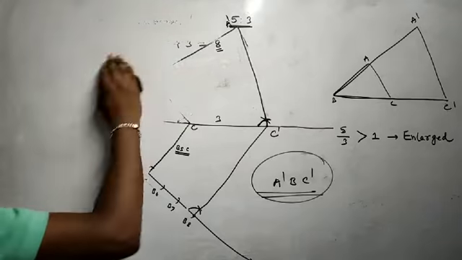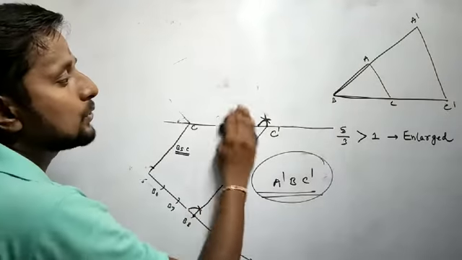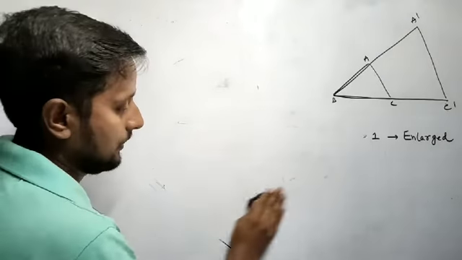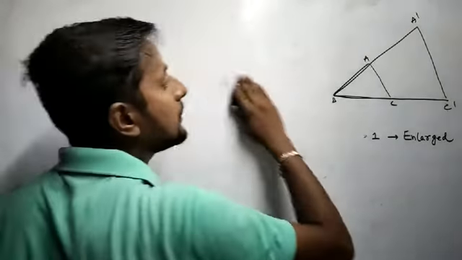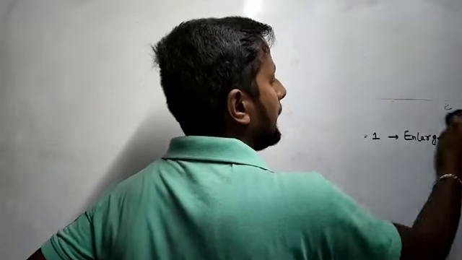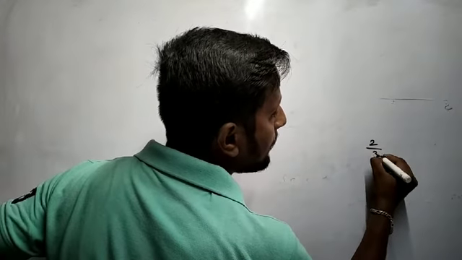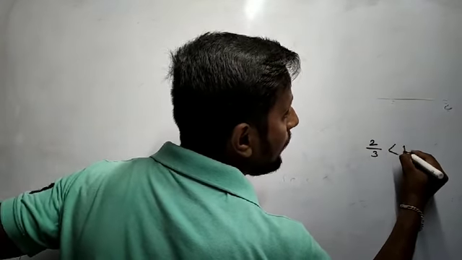In the next construction, the sides of the triangle are already mentioned, and the scale factor is 2/3. The scale factor is 2/3, that means the value is less than 1.